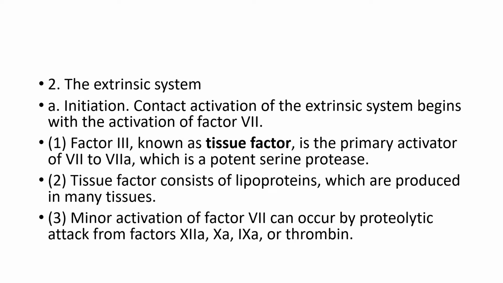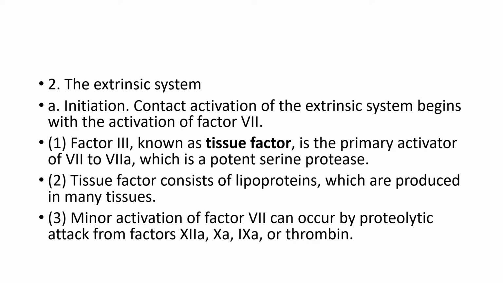The activation of the extrinsic system starts off with the activation of factor 7 to become factor 7A. The substance responsible for this is factor 3, also known as tissue factor, and this is found in many different tissues.